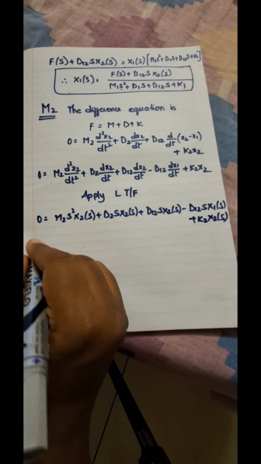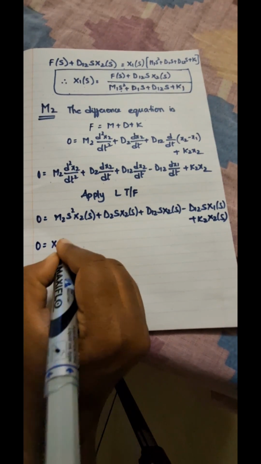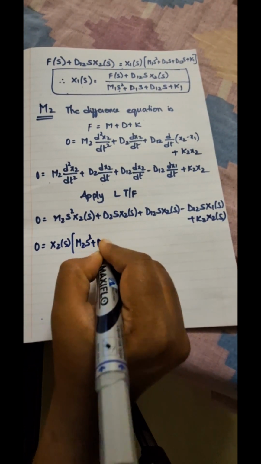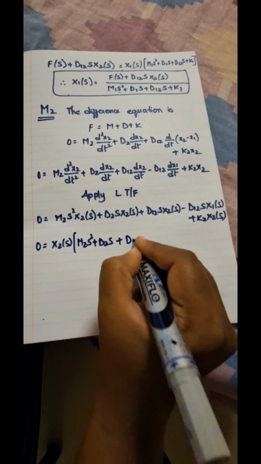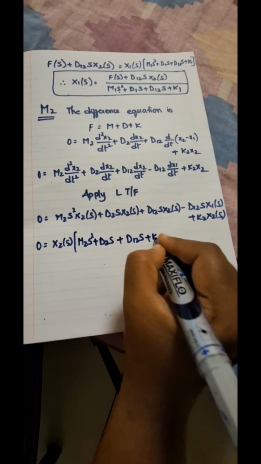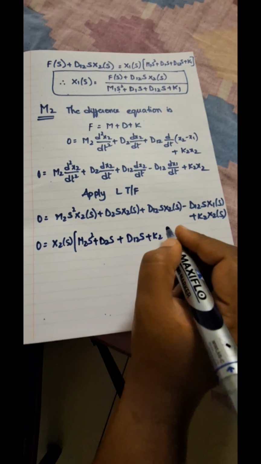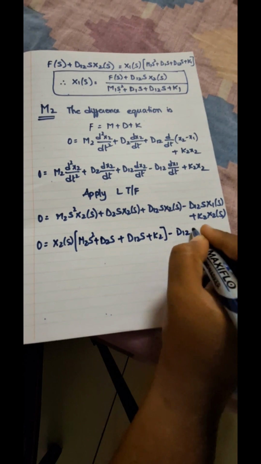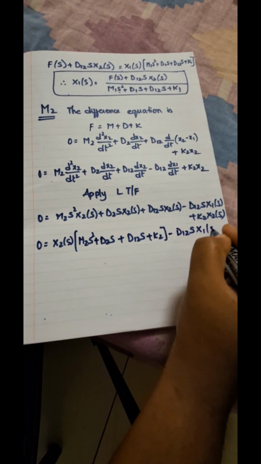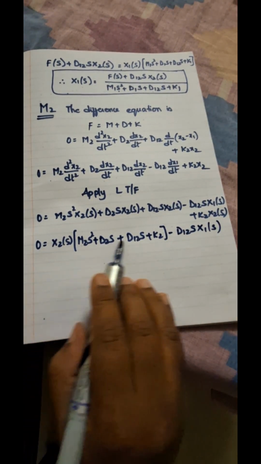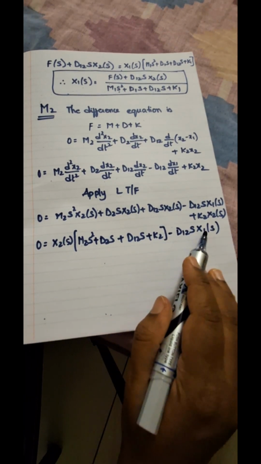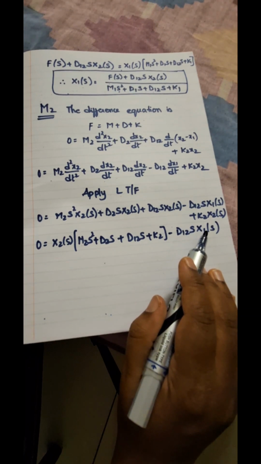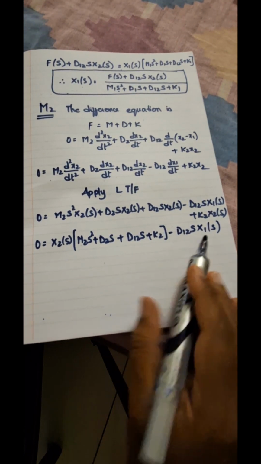So let me take x2 of s as common. So it will be m2 s square plus d2 s plus d12 s plus k2, minus d12 s x1 of s. So this equation whole is about x2, but here we have x1 which is not required for us, right? So let me substitute this.